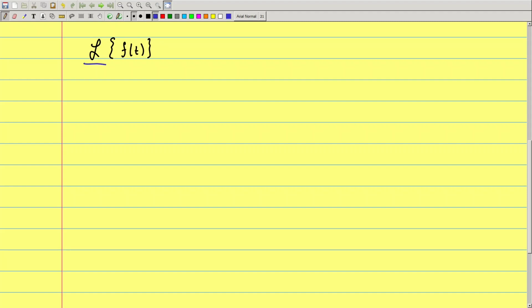The L here is an operator. An operator in mathematics is a function that takes a function as its input and returns a function as its output. So you take as an input a function and you return a function as the output.